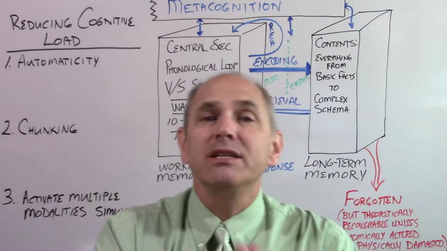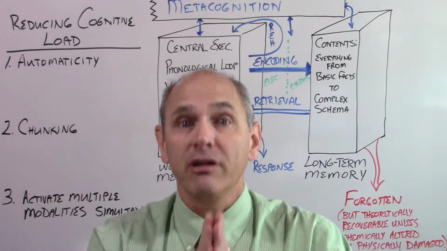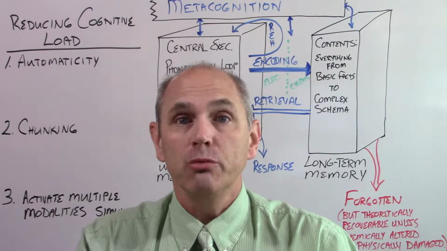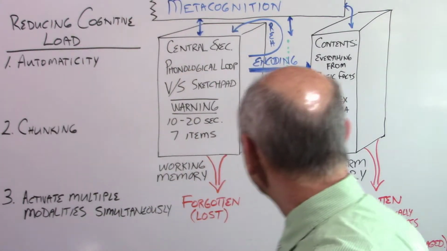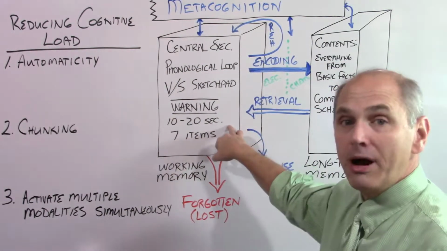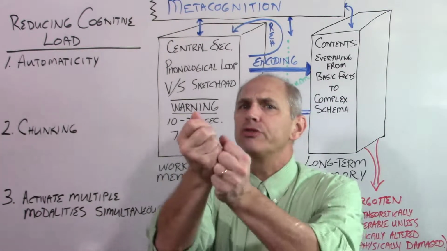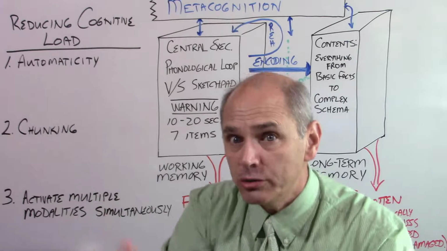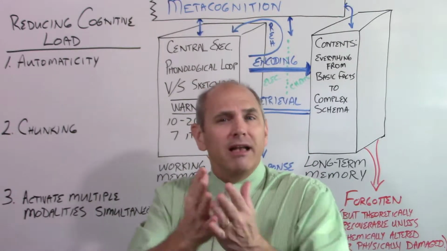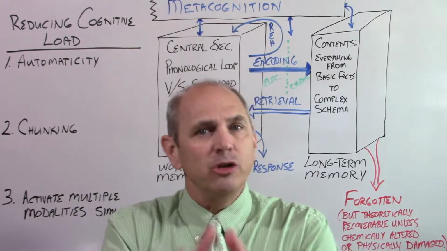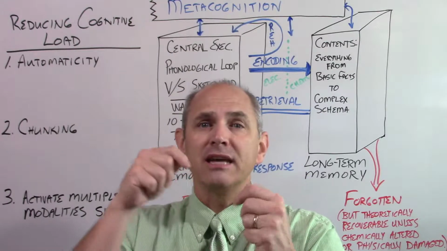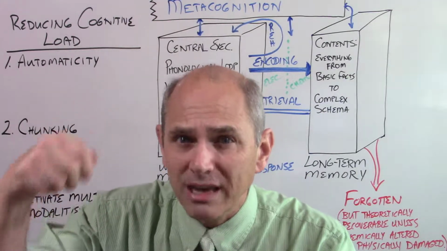So the first thing that we need to understand is that there are limitations to working memory. Working memory has approximately 10 to 20 seconds, so that's really after you introduce content in a classroom. After you introduce that content, you have 10 to 20 seconds to get the students to think about it.